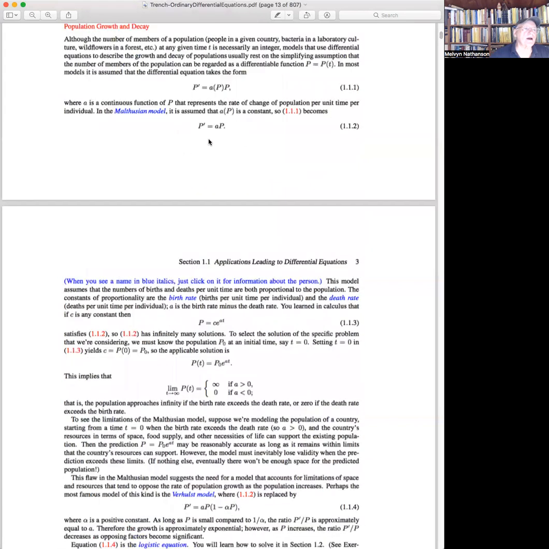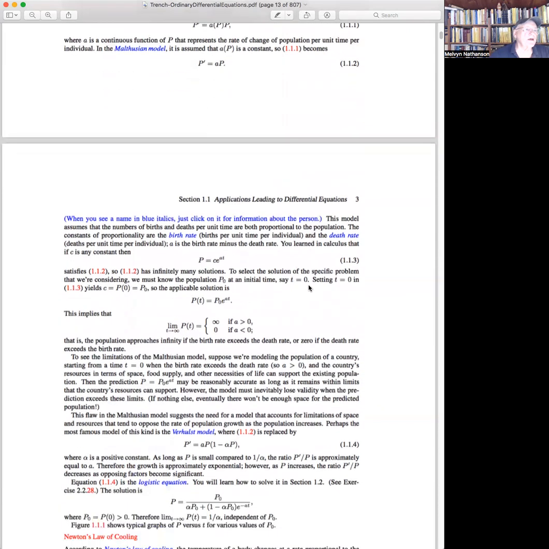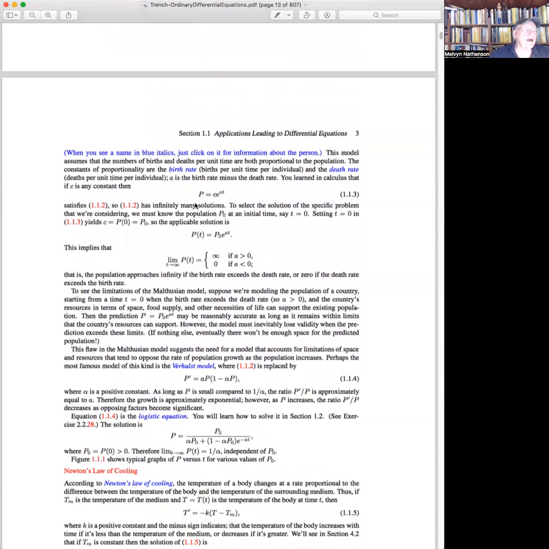The A is the parameter in this differential equation. P prime is A times P. And in the solution, every solution is of the form some constant C, some scalar, some number C, times e to the At. So there are infinitely many solutions because you have infinitely many choices for the number C. This number C is sometimes called a parameter. That's just another name for a number.